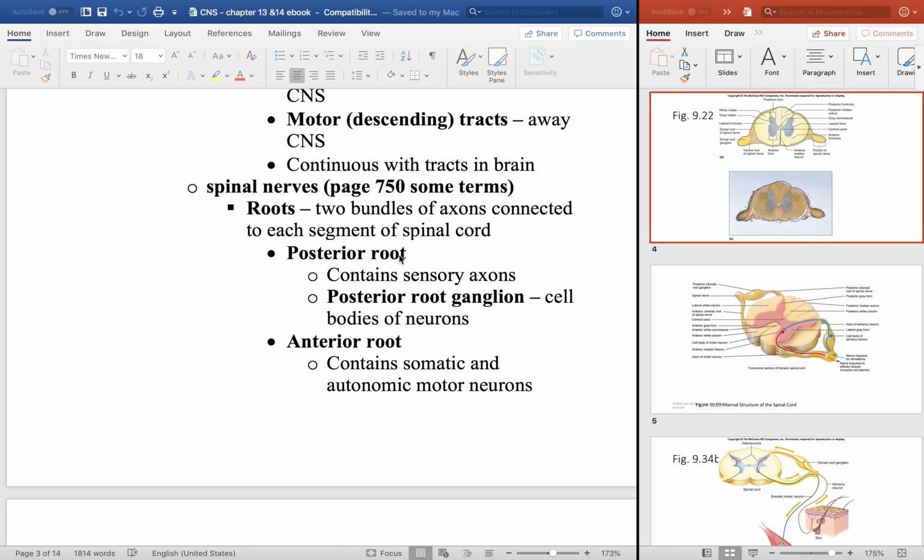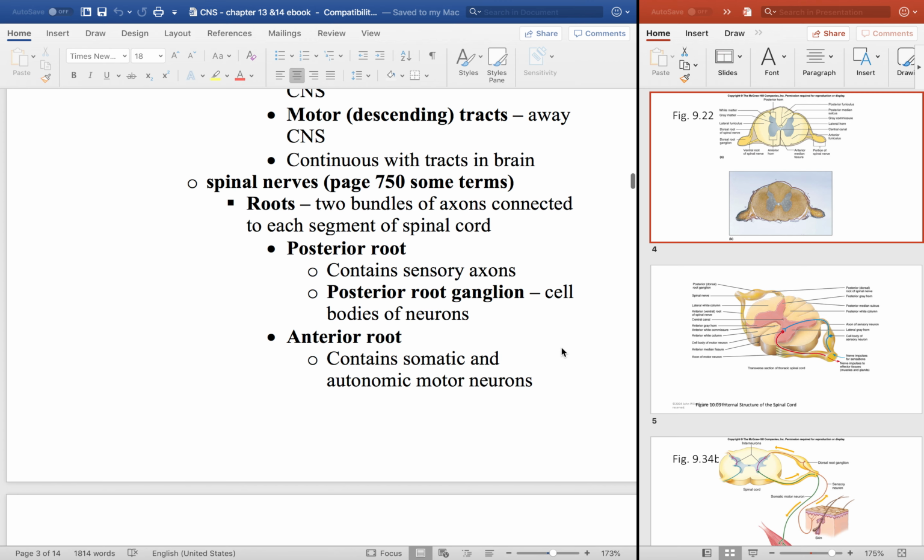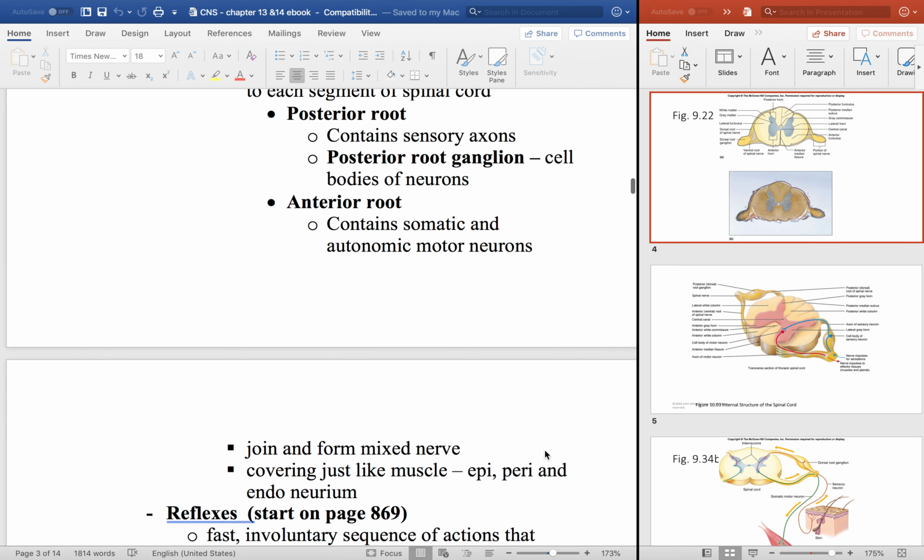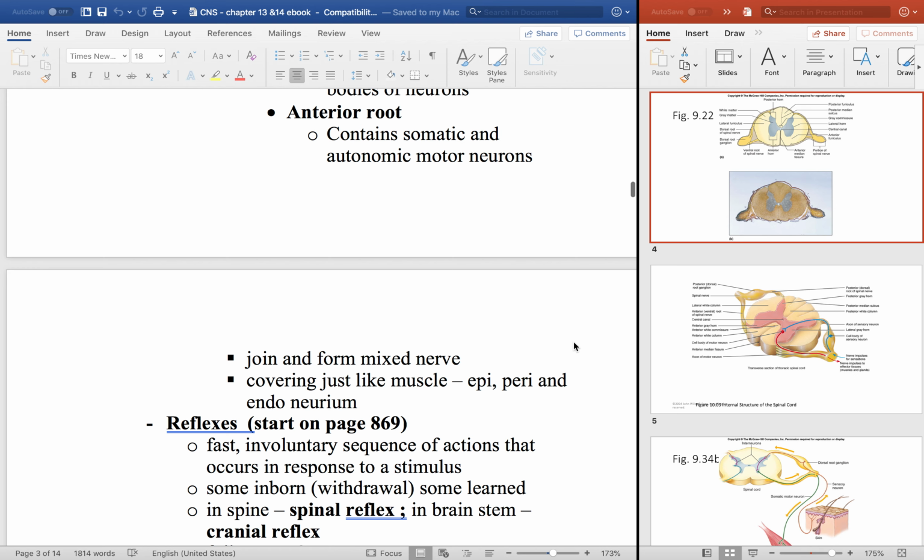Remember, this can also be called dorsal root or dorsal root ganglion. Then you have the anterior root that contains somatic and autonomic motor neurons. Okay, so the roots are very specific about whether they contain the motor or the sensory.